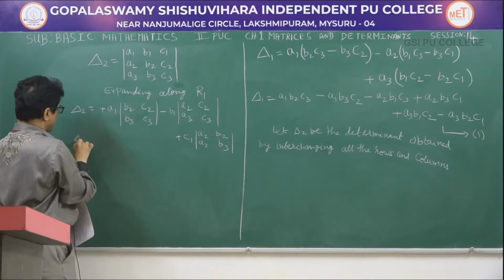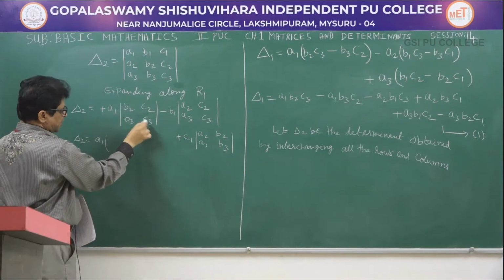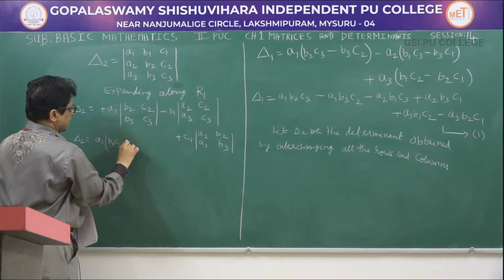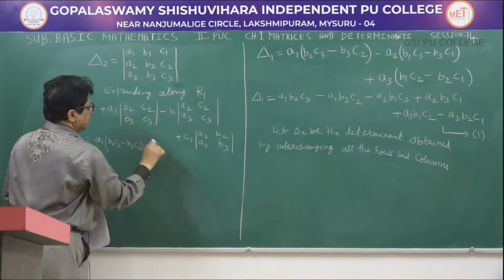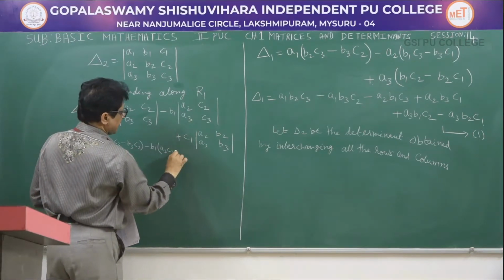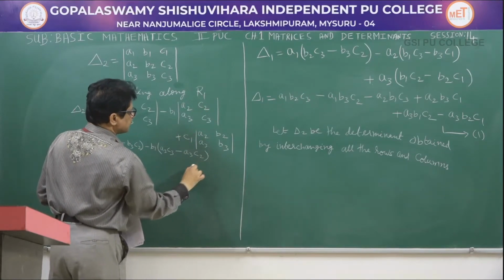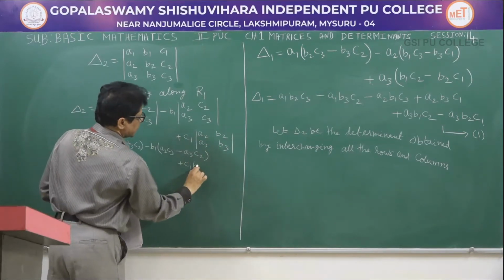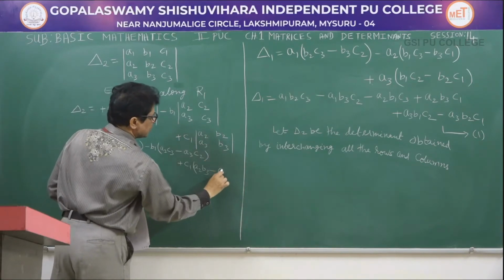So delta 2 is equal to A1 into, so the product of the principal diagonal minus product of the other diagonal, B2 C3 minus B3 C2, minus B1 into A2 C3 minus A3 C2, plus C1 into A2 B3 minus A3 B2.